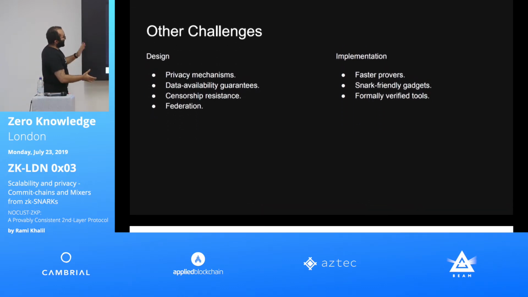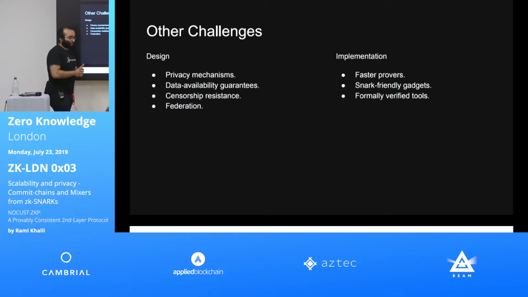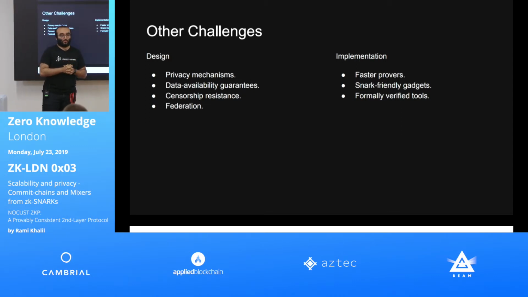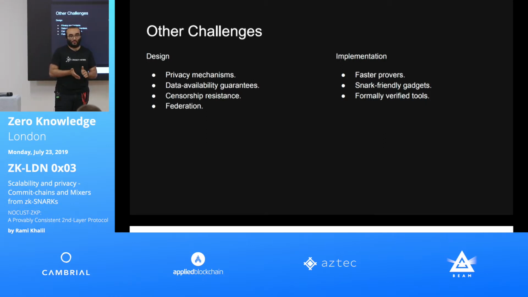So other challenges that I have not given any attention to are, for example, privacy mechanisms. These open-ended zero-knowledge proofs that let you compose whatever statement you want are very lucrative for creating privacy solutions.